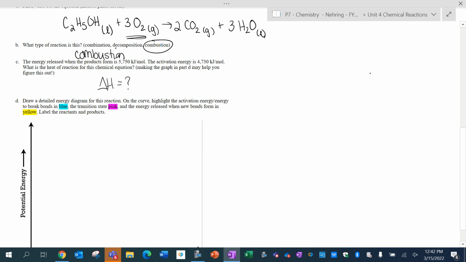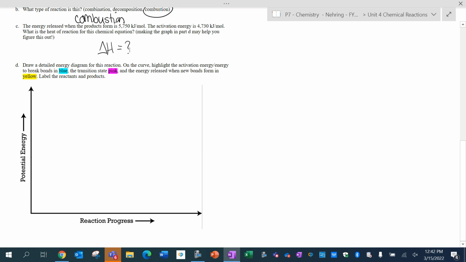All right, so it looks like the energy released when products formed is, let's see if we can fill this in. Okay, so the activation energy, I'm going to write it down this way. The activation energy is 4,730. So that is the amount of energy going in initially. And then the energy released from forming bonds is 5,750.